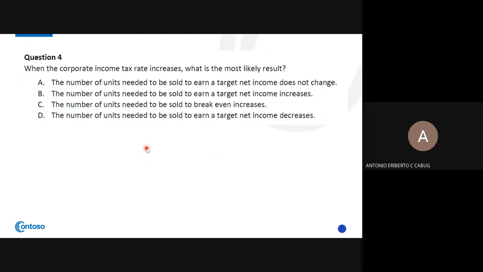Okay. Pag-isipan niyo ng maigi bago niyo sagutan to. Please think very well before you answer this question. When the corporate income tax rate increases, what is the most likely result? The most likely result. Go.